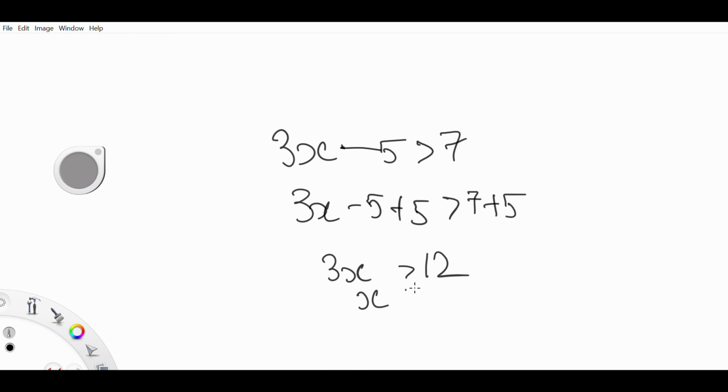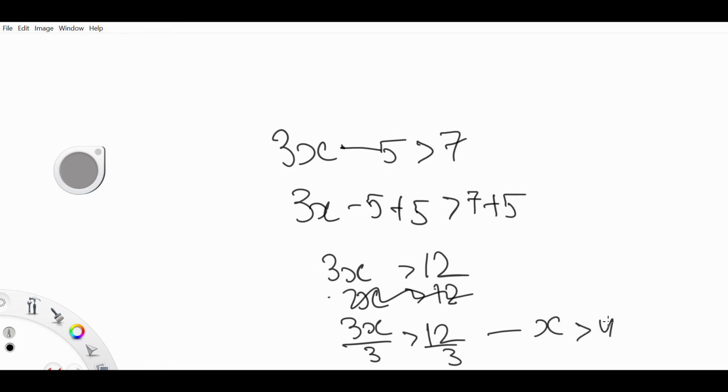And then we get 3x over 3 is greater than 12 over 3, which would simplify to x is greater than 4, which would be our solution. And we could graph this to get that as a graph.